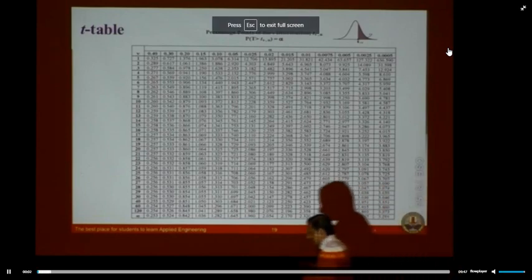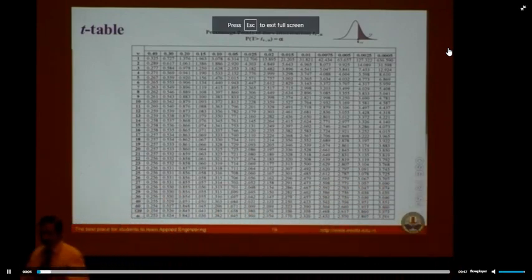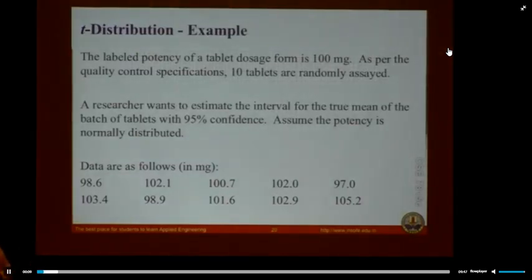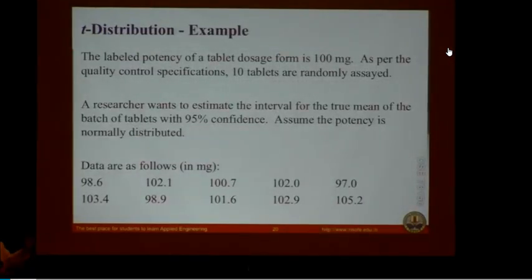Now let's solve a couple of problems and understand what it is. Then that will be the discussion and we will take a break. Let's solve one example, then take a break and solve another example, and then we move on to chi-square. So the labeled potency of a tablet is 100 milligrams. We take tablets for various things, and just like the beer, quality control for these tablets is being done.